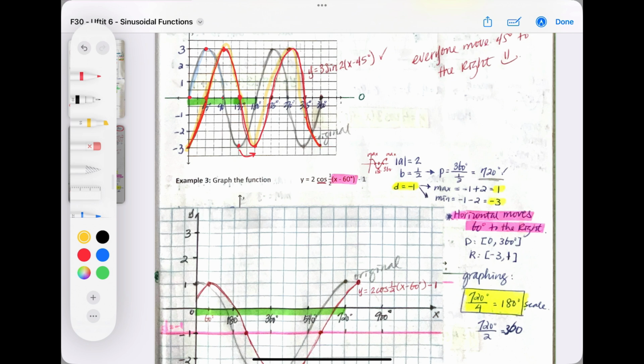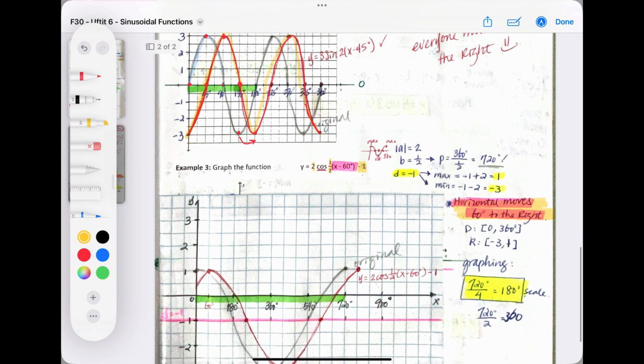So again, activate the eagle eye. You know that my A value is 2 amplitude and my B value is 1/2, and I do have my principal axis, the midline, it's at -1. And yes, indeed, inside the parenthesis, minus 60, that tells me horizontal move, everybody move to the right 60 degrees.